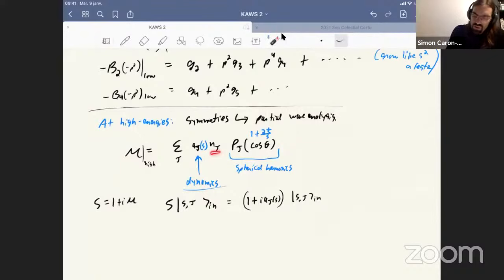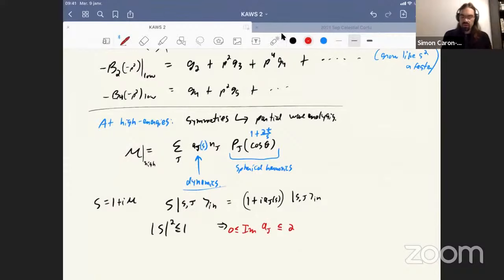There's a natural convention choice for the normalization such that the S matrix on partial wave J is just 1 plus i a_J. The fact that this has modulus less than 1, because S is a unitary matrix and this is one diagonal matrix element of it, implies that the imaginary part of a_J is positive and also bounded above.